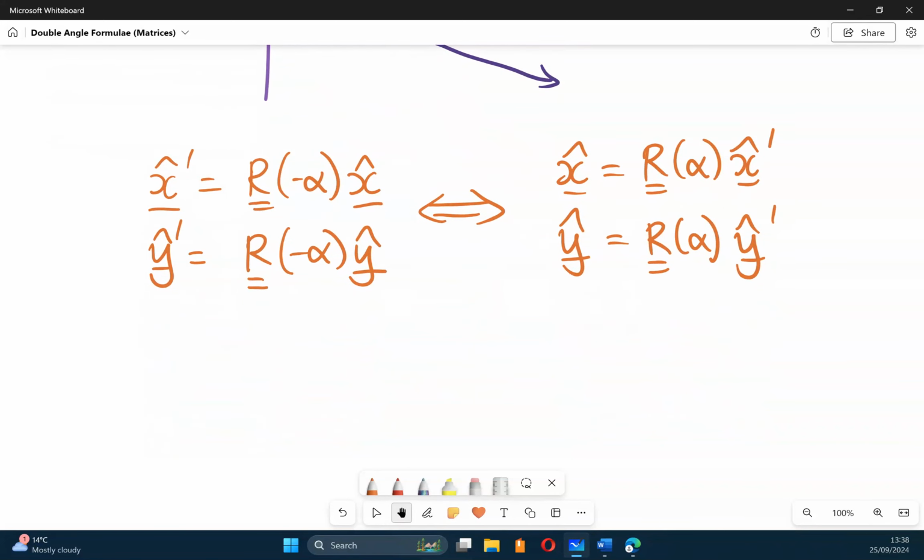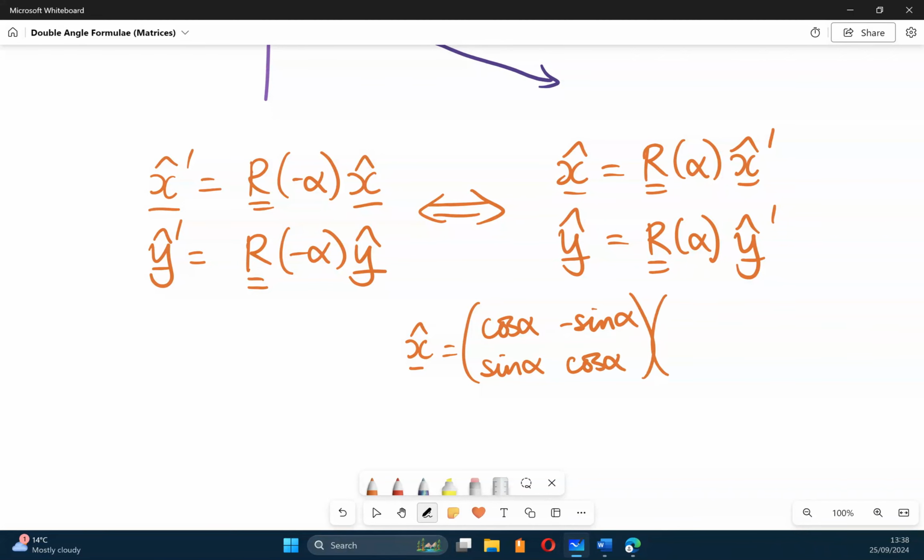And if you put these expressions in, you get exactly the same thing that we did before. So we would have gotten that x hat is equal to the matrix cosine of alpha, minus sine of alpha, sine of alpha, cosine of alpha.